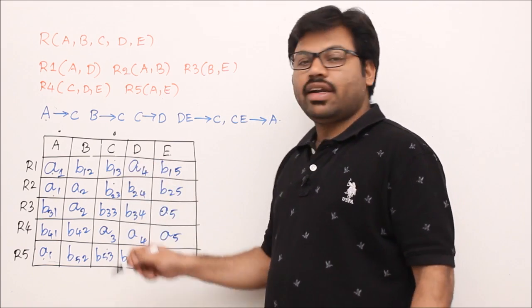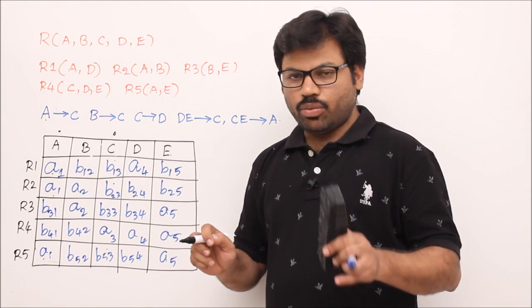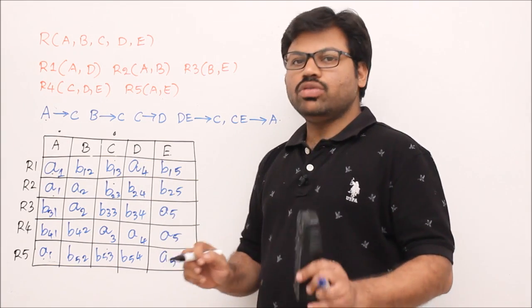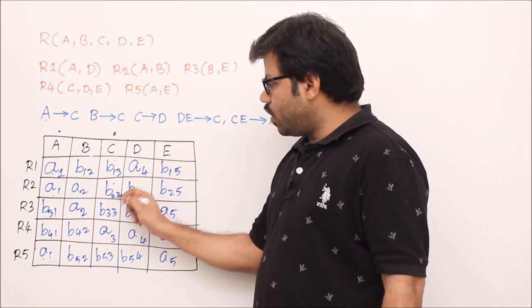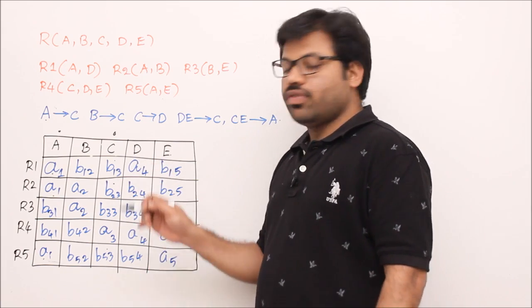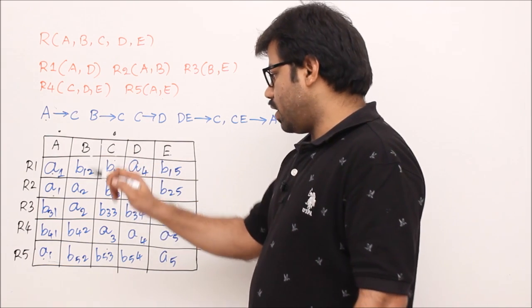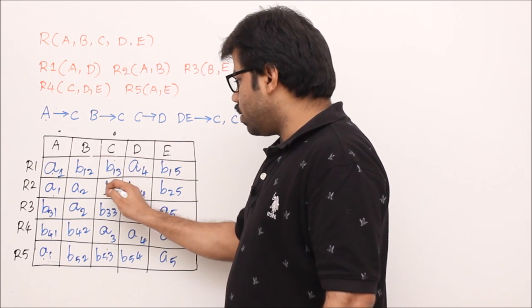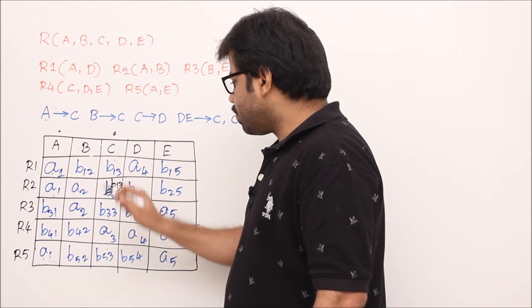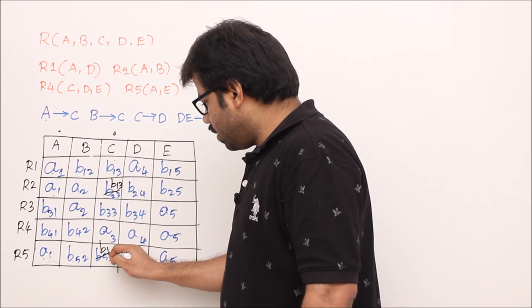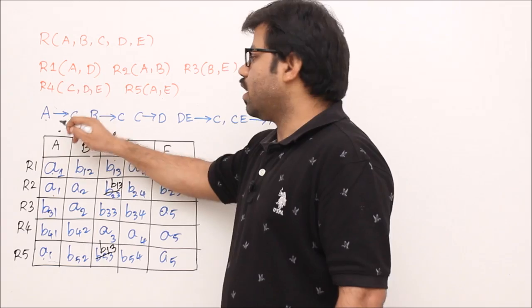So since all entries are B's, then we have to make all of them to same value. Either you change all of them to B13, otherwise all of them to B23, otherwise all of them to B53. So I choose B13. You can choose B23 also. So B13, here B13. So that is processing of A to C.